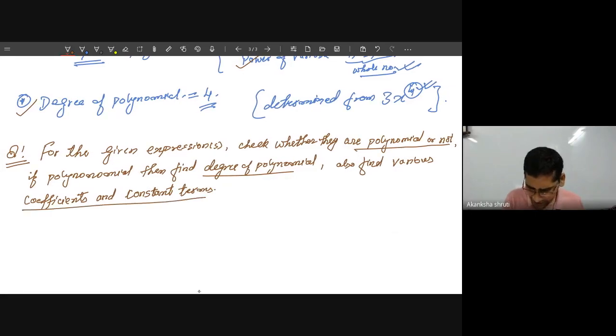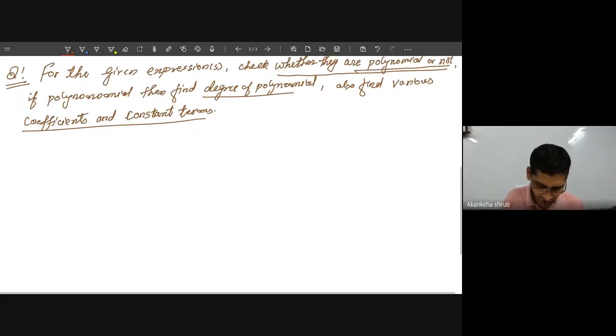So this thing we will also calculate. Student, whether it is a polynomial or not, it is very important. You have to give the reason for this also. Okay. So let me write a few questions.